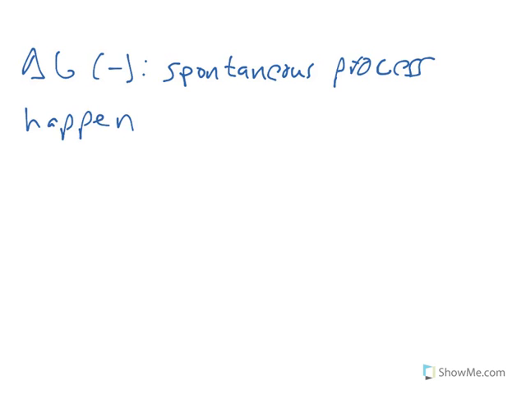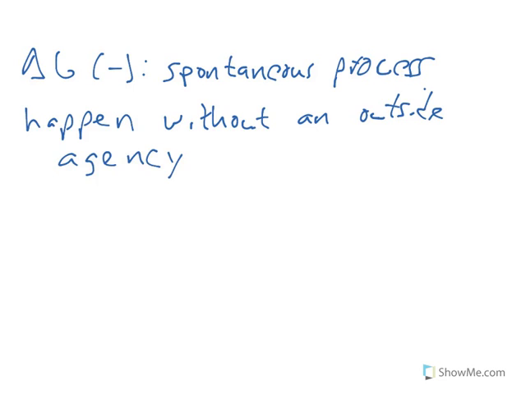The process will occur or happen without an outside agency. And what I mean by outside agency, you leave your bicycle out in the rain for long enough, it's going to rust. That is a spontaneous process.